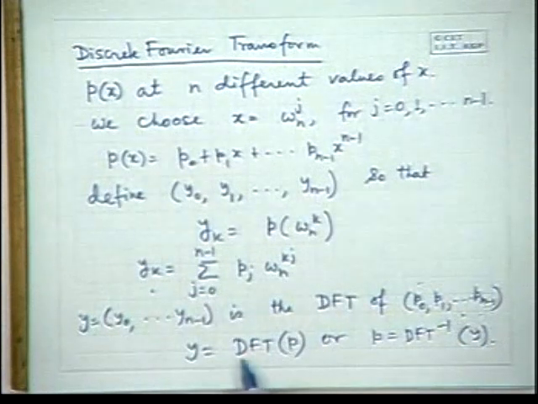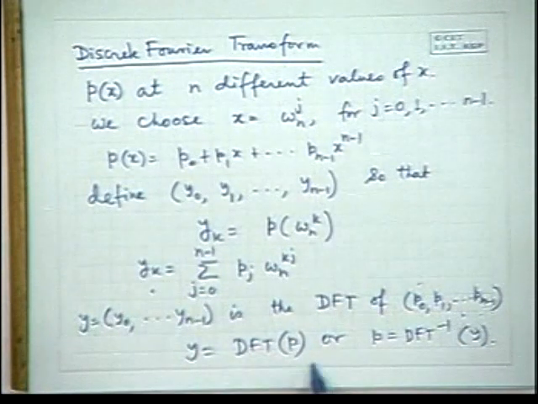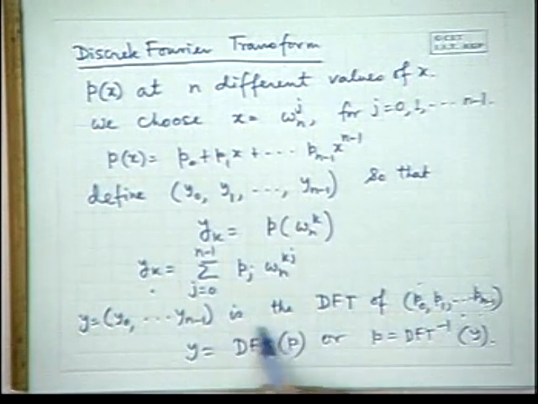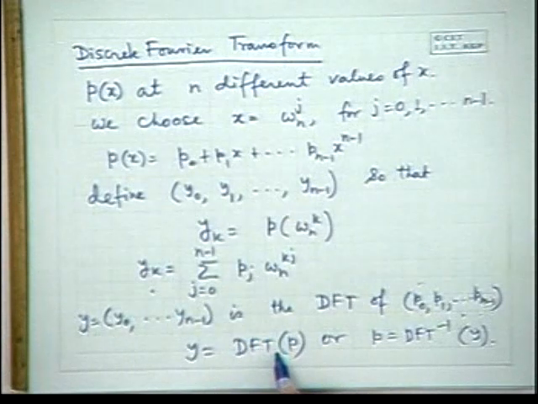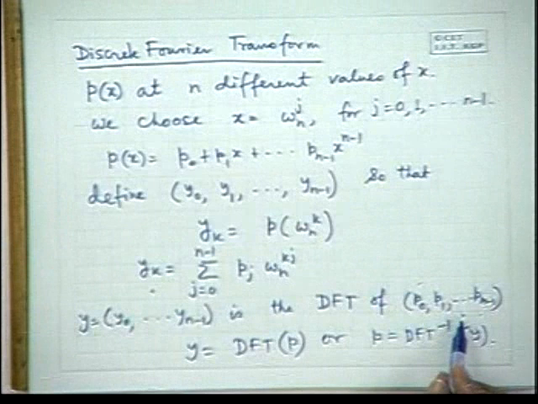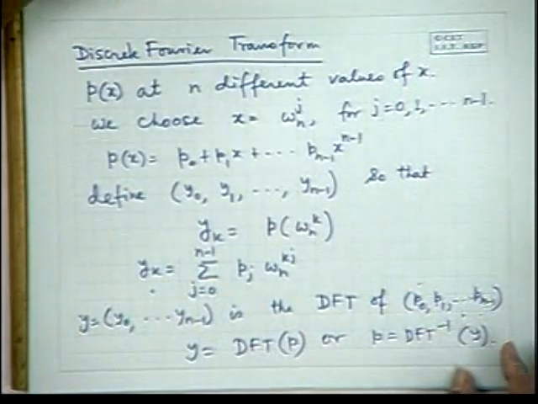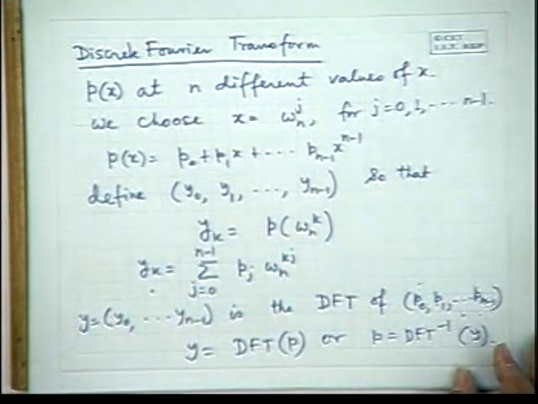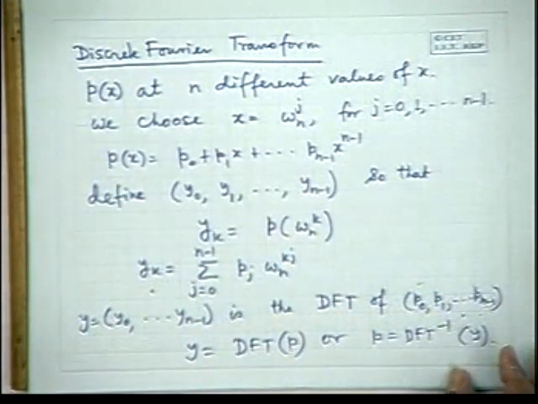Basically we have to solve the problem of computing DFT and DFT inverse. Computing DFT is step 1 of our multiplication, and DFT inverse is the interpolation, step 3. If we can solve these two problems fast, then we have a fast algorithm for polynomial multiplication.